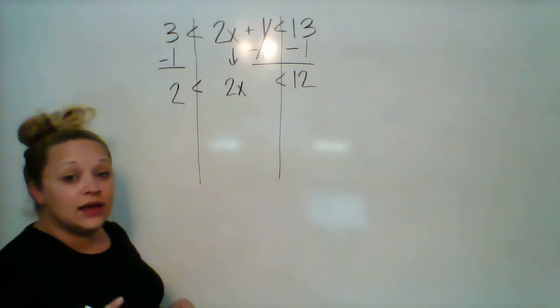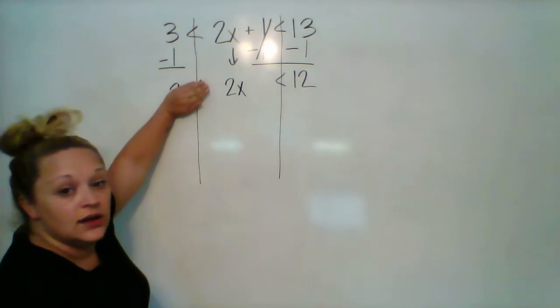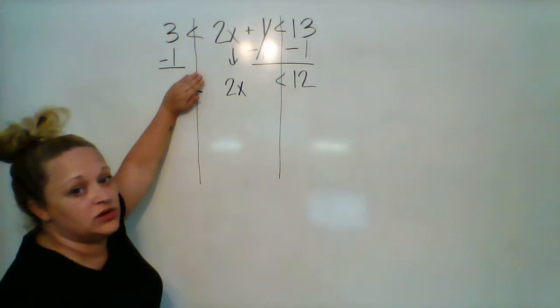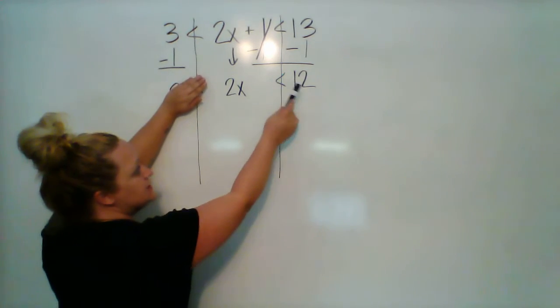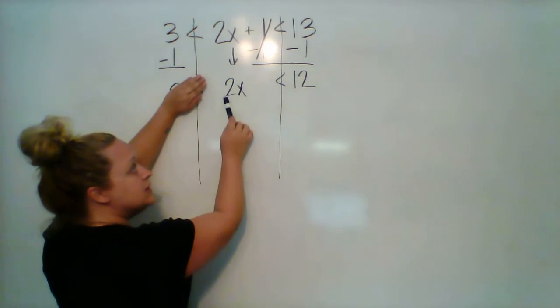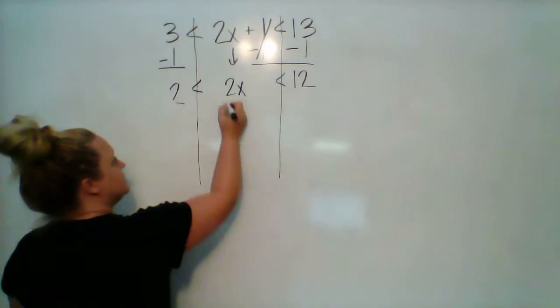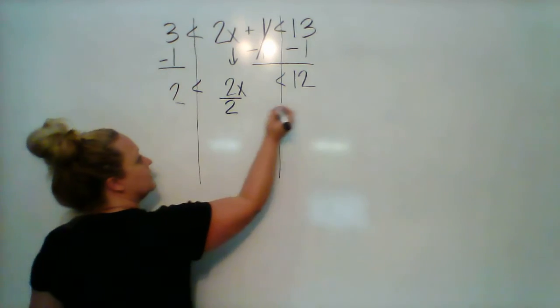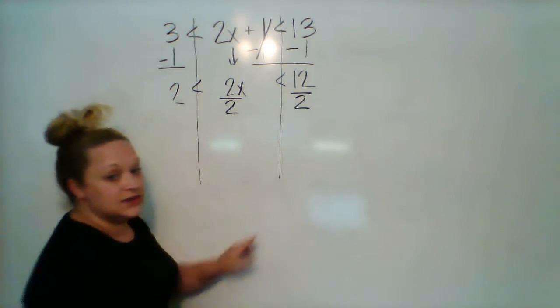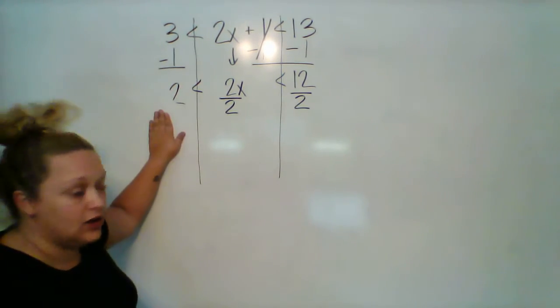Again, we do exactly like we did in class. We cover this. This is a one-step equation. 2x is less than 12. Well, I need to get rid of the multiplying by 2. So it's the opposite of multiplying by 2. Dividing by 2. So what I do here and I do here means I also do it here.